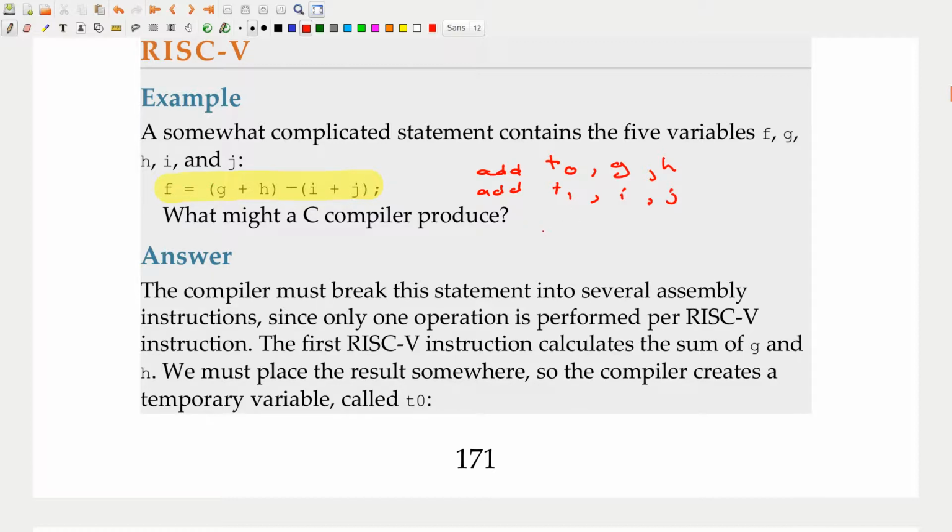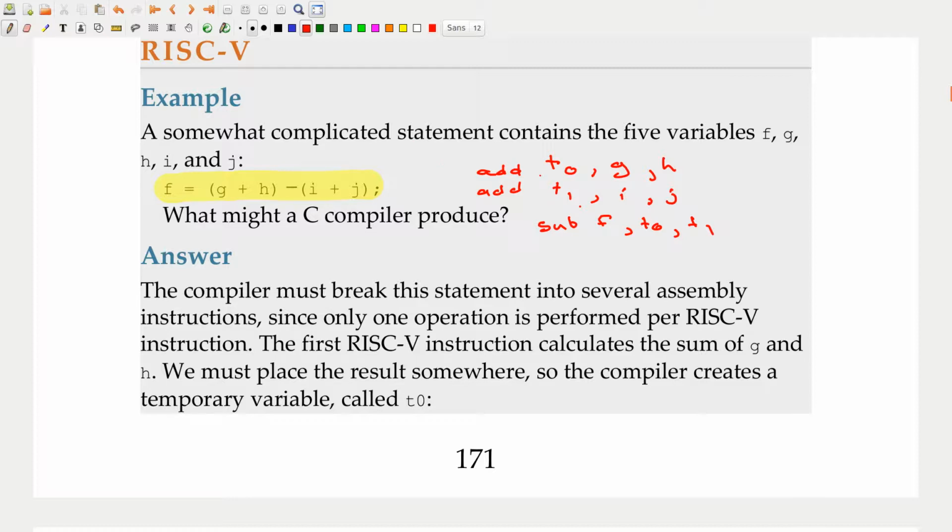So I'm going to do sub, oh sorry, I want to store into F, so it's going to be sub F T0 T1.